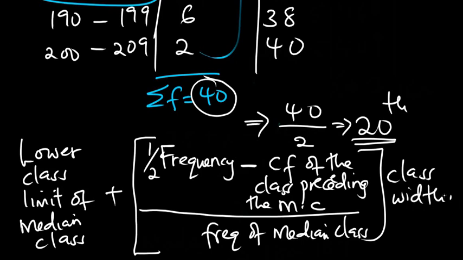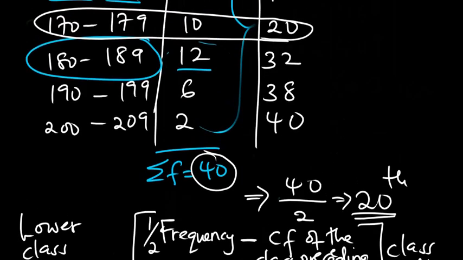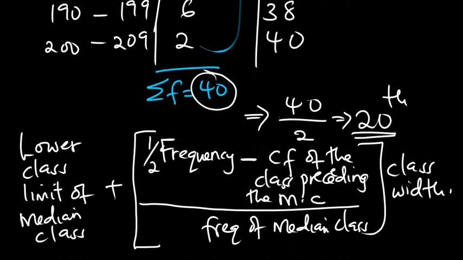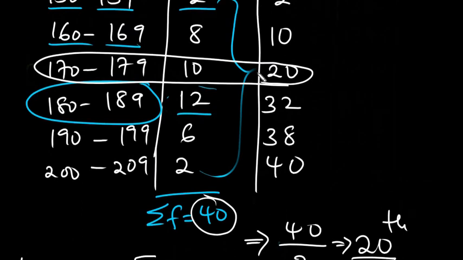I know the formula seems complicated, but it's actually a very simple formula. So this is what we do. Let's start with the lower class limit of the median class, which is 170 to 179. For every class, there is the lower limit and the upper limit.